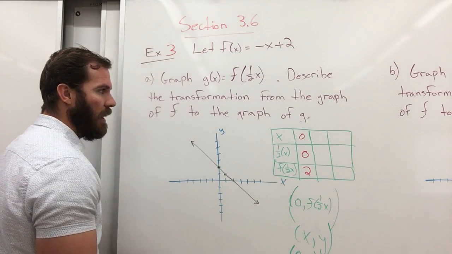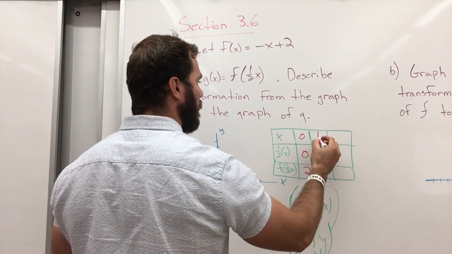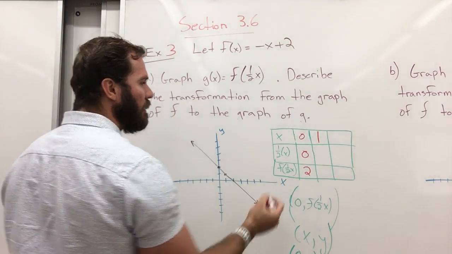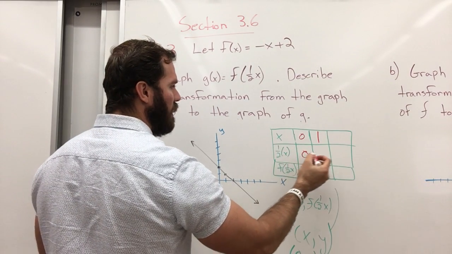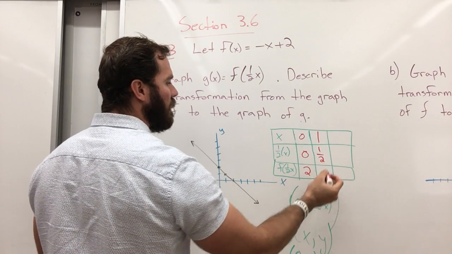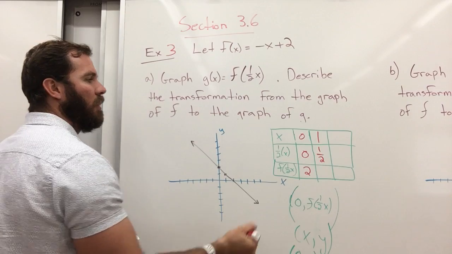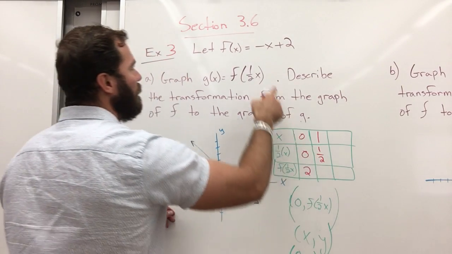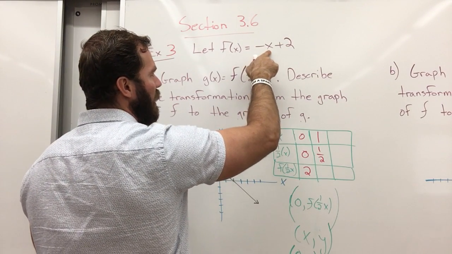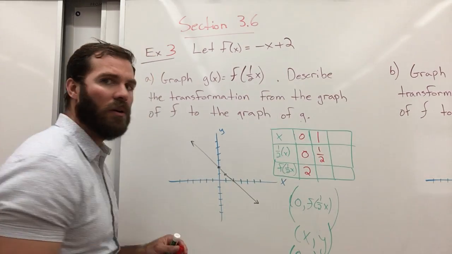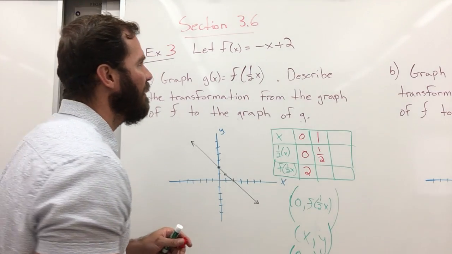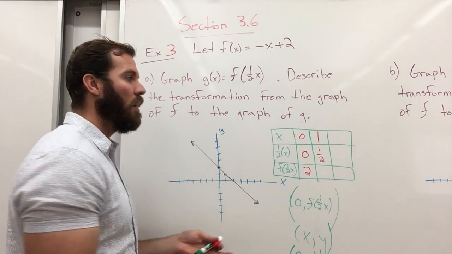Now let's make x equal 1. What's 1/2 of 1? 1/2 of x. 1/2 of 1. 1/2. Plug our 1/2 into our parent function. -1/2 plus 2 is a positive 1.5.